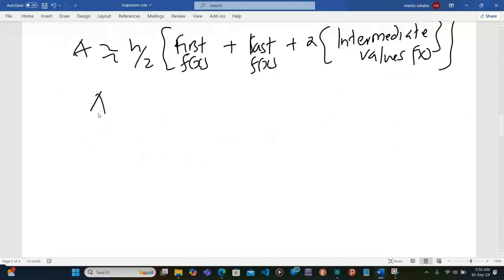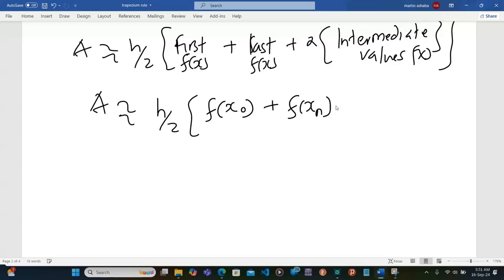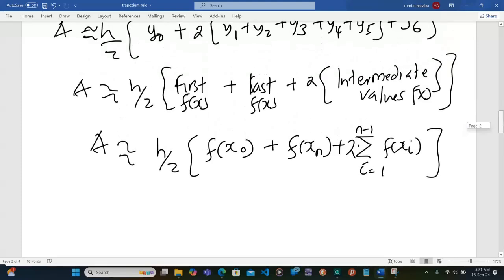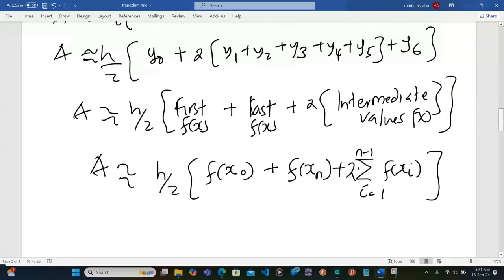So I can also say this is approximately h out of 2 into f of x naught plus f of xn plus the sum of f of xi, where xi are intermediate points from i is equal to 1 up to i equal to n minus 1, multiplied by 2. This gives me what we call the trapezium rule.